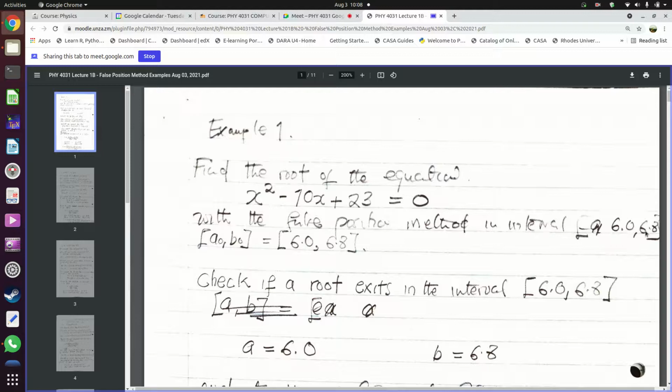So the first thing you notice when it comes to using the false position method is that the interval is going to be small. Usually the thickness of the initial interval is going to be 1 or less than 1. The reason is that as much as this method is fast, depending on what kind of function you have, it can quickly become slow.